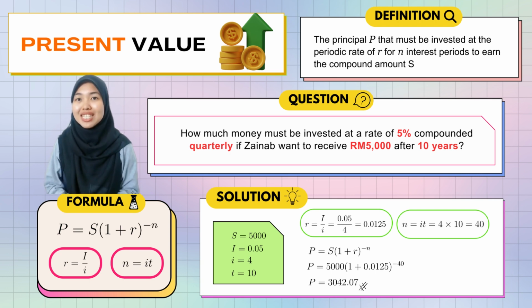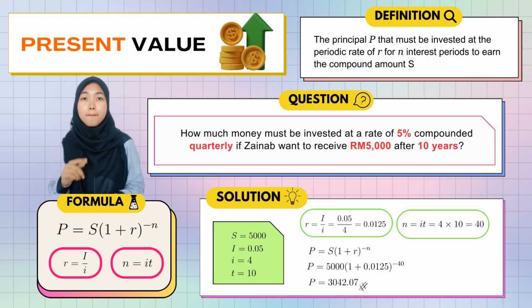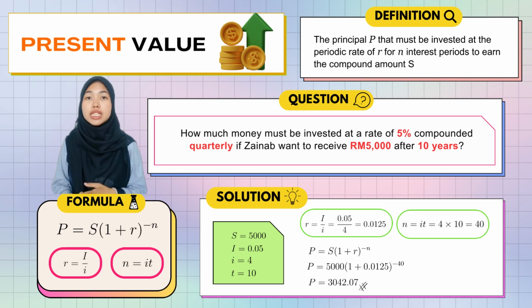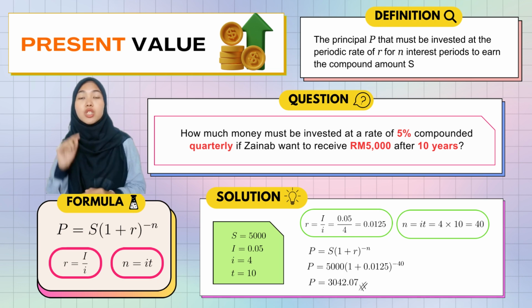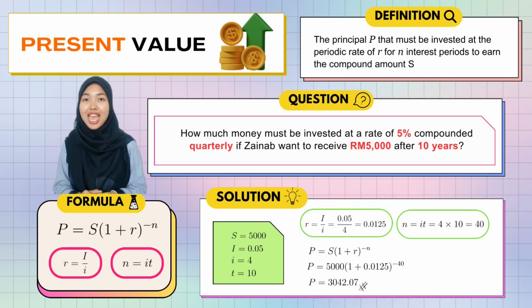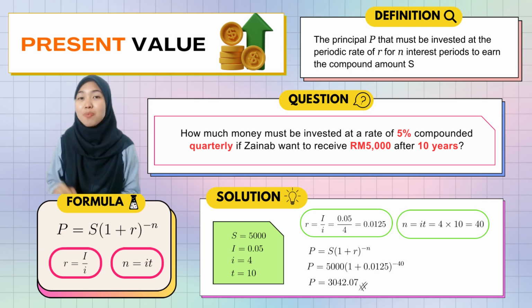Now just replace into the formula. So P is equal to 5,000 times in the brackets 1 plus 0.0125 close the bracket to the power of negative 40. For the final answer, we just press the calculator and we get P is equal to 3042.07.